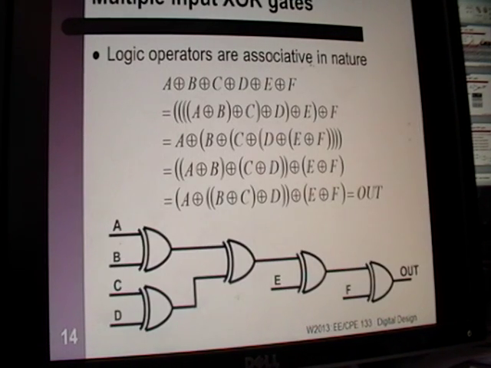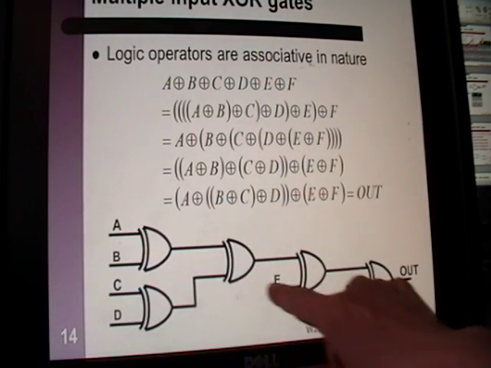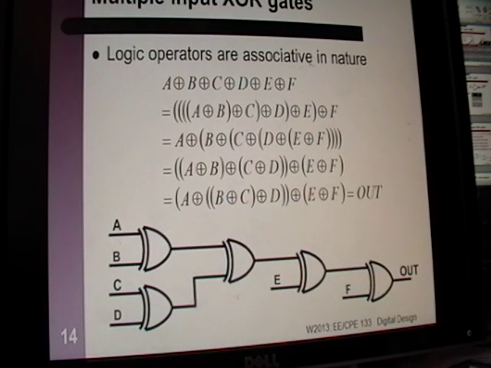And the next question I usually ask when I'm doing the class is, for the OR gate and the AND gate, I just put more inputs on it, and you could figure out what that meant. What about if I have 1, 2, 3, 4, 5, 6 inputs to an XOR gate?